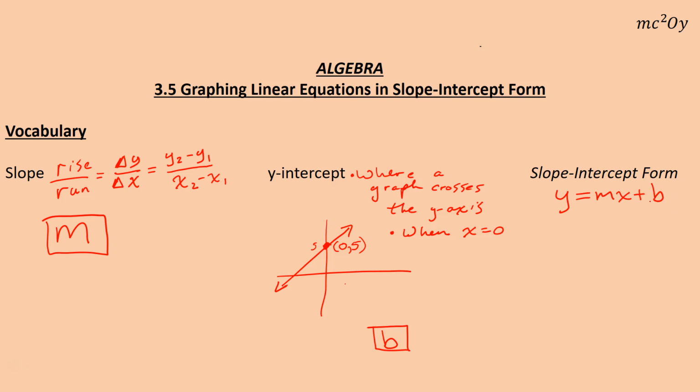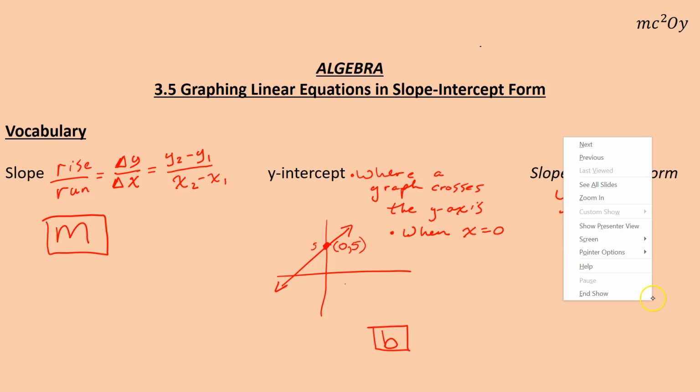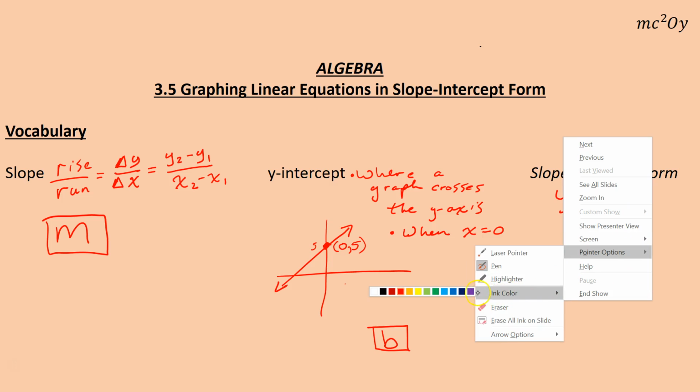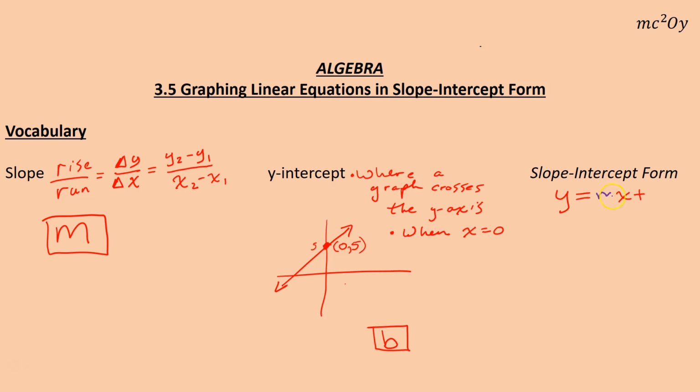Now the key piece here is understanding that m and b are actual values of the m and b that we just talked about. The y, the equals, the x, and the plus all stay the same, but m and b become numeric values in this, and actually I usually include the plus with that. We're going to see that here in a few minutes.